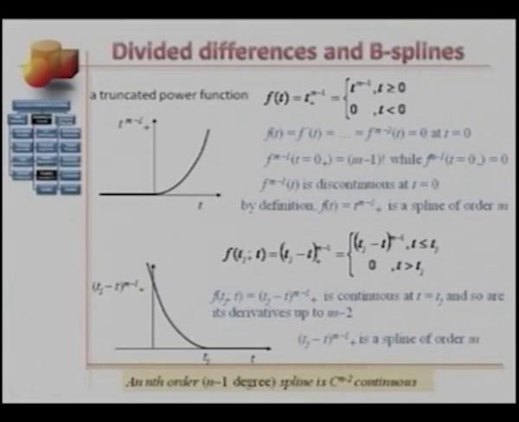Before we move further, let me go to the board and try to generalize this family here. This generalization will help us introduce Newton's divided differences along with these truncated power functions.